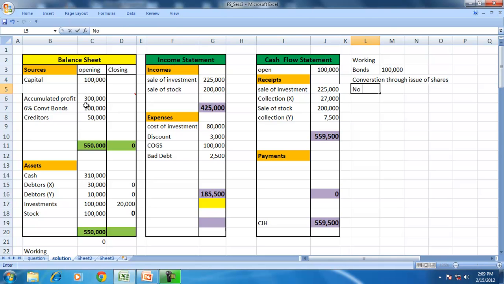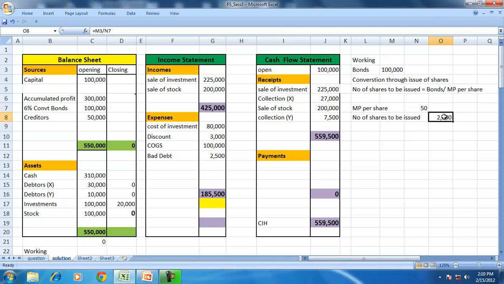So the number of shares to be issued is equal to bonds divided by market price per share. The market price per share is given as 50. So number of shares issued is 100,000 divided by 50, so 2,000 shares.